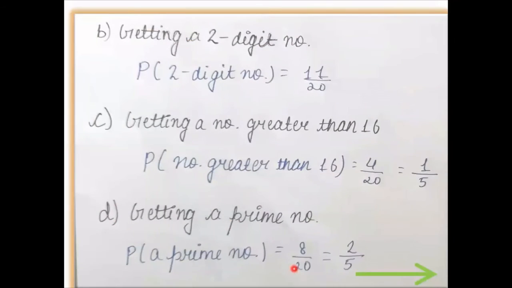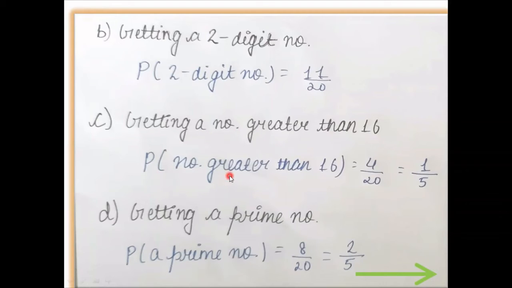Now let's get to our B part. Our B part says getting a two-digit number. So two-digit numbers in our sample space we can count: they are 11, and if we put it over the total number of outcomes, it is 11 by 20.